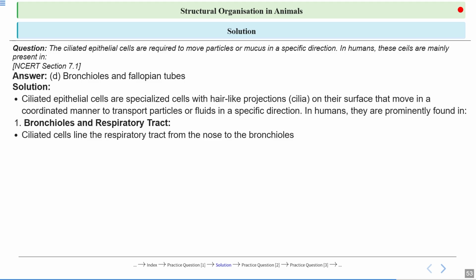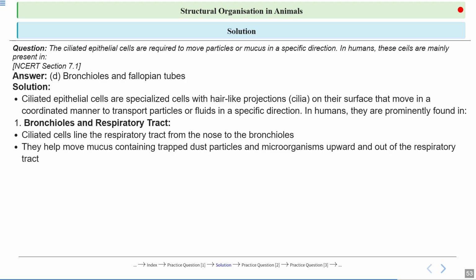They are present in the nose, they are present in the bronchioles as well. They help move the mucus containing trapped dust particles. So they are having the mucus substances at the lining, right? And these can trap the dust particles and whatever microorganisms coming with the air, right? So they do not allow these particles to enter inside the respiratory tract. This process is called mucociliary clearance or the mucus elevator.